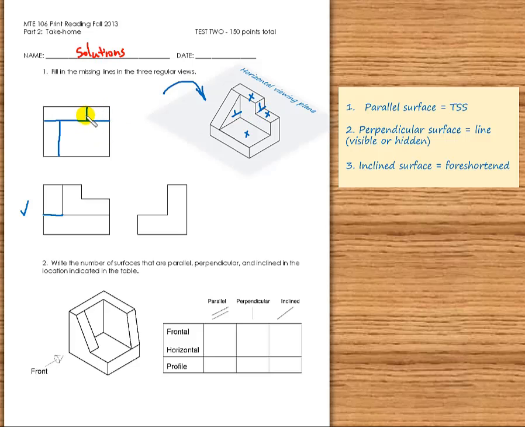So we now have taken care of all the parallel and perpendicular surfaces to the horizontal viewing plane. That leaves this surface, which is inclined, and it appears again as a foreshortened shape in the top view. Since we have accounted for all of the parallel, perpendicular, and inclined surfaces to the horizontal viewing plane, the top view is complete.